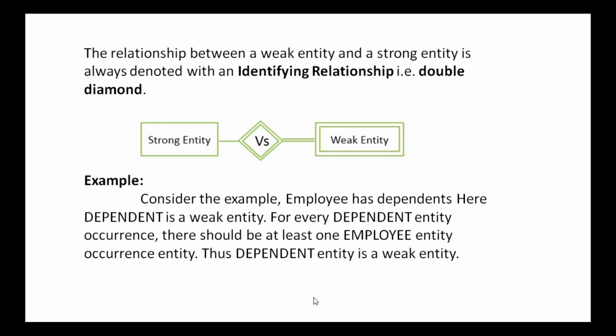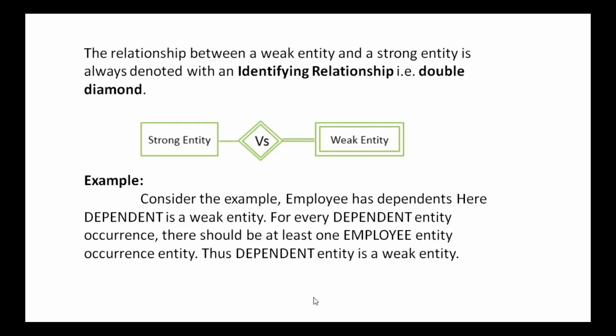That identifying relationship is represented by a double diamond symbol. Double lines are used for representing the connection of the weak entity set with the relationship. This is how we represent the strong entity and weak entity in the ER diagram.